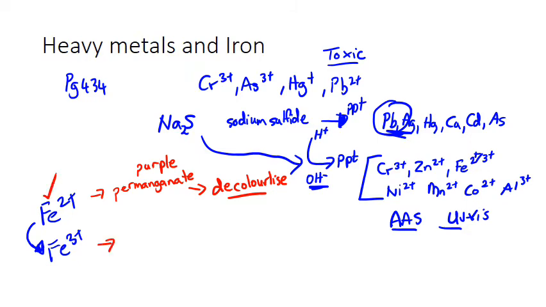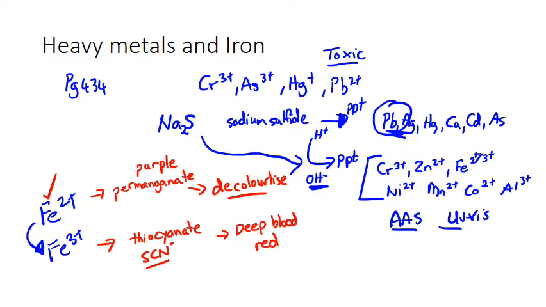Now for iron 3, we want to add some thiocyanate, and that's your SCN negative. We add some of that, and we should have a deep blood red color.